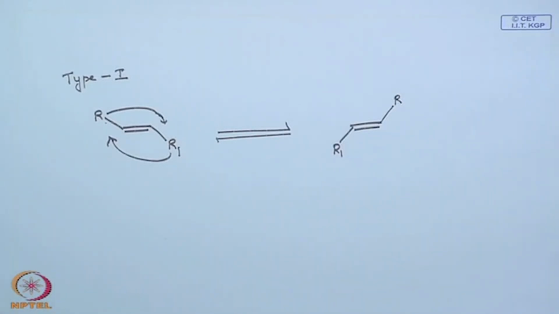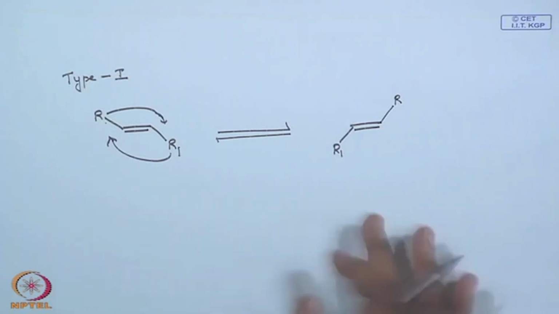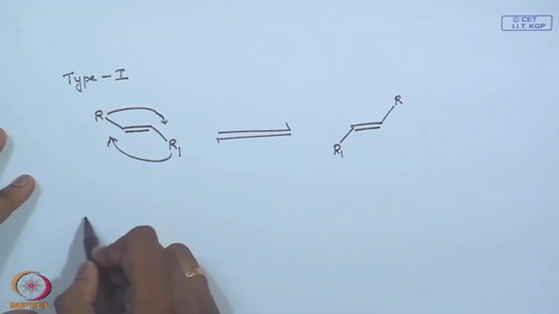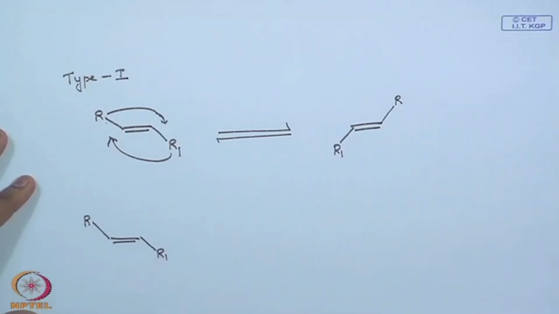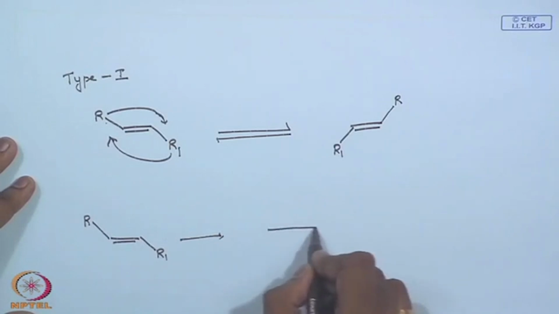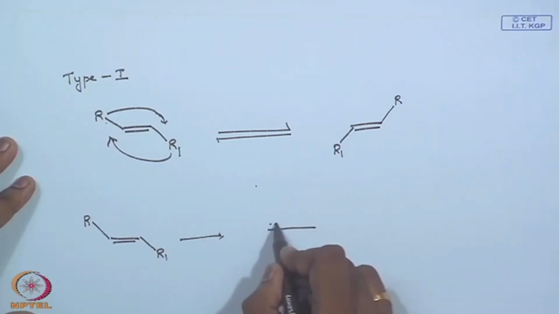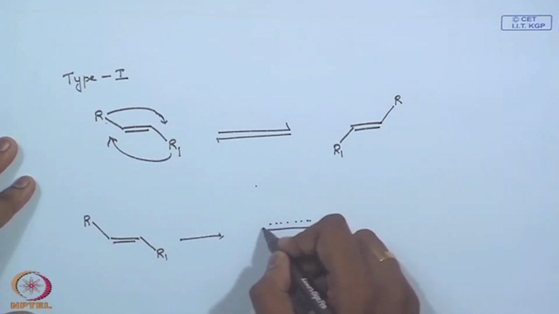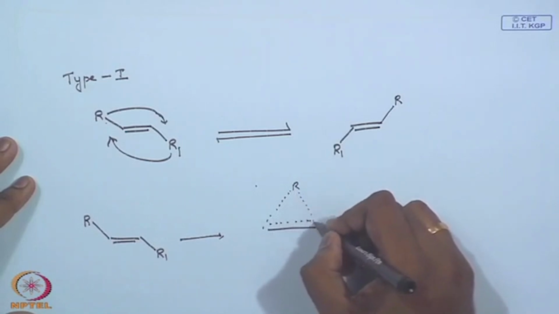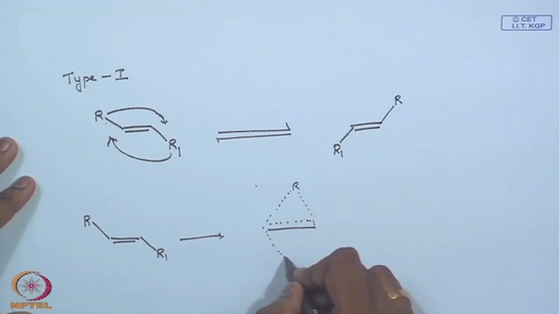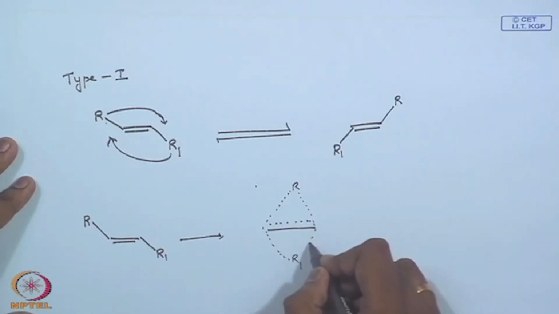How do I understand how this happens? If I take the same molecule, from R to R1, just thinking about the transition state, how can it happen? I can have a transition state like this with my R here, then my R1, like this.